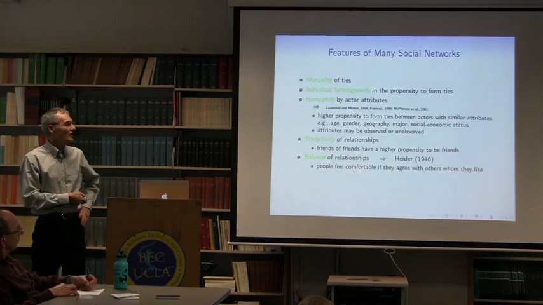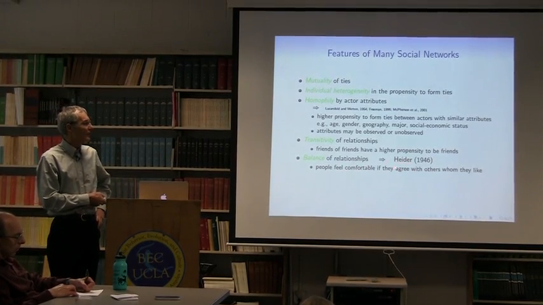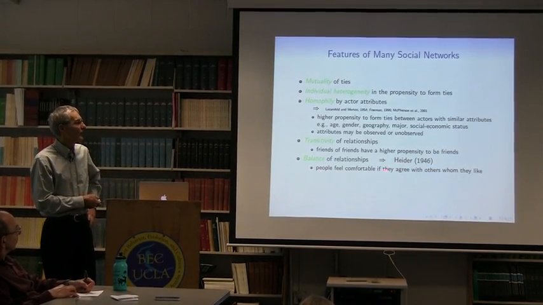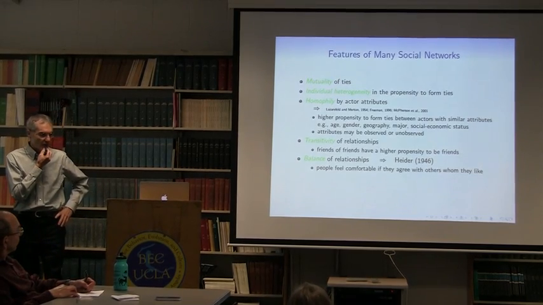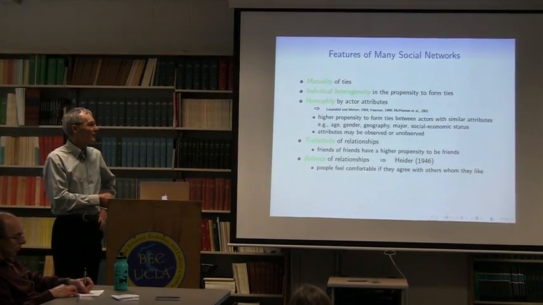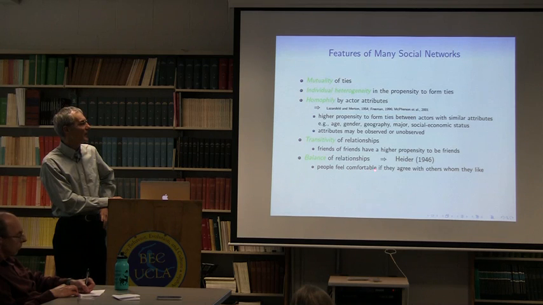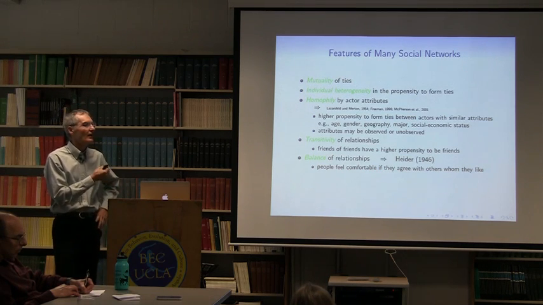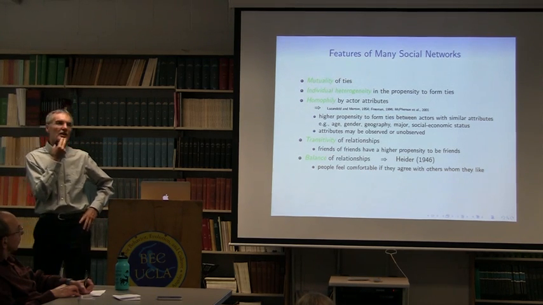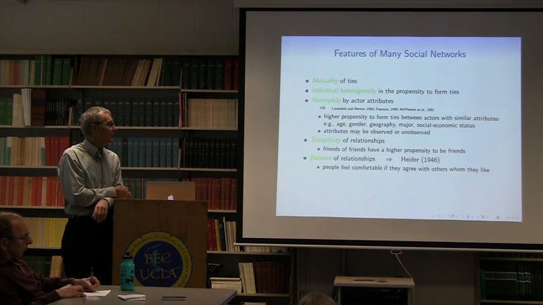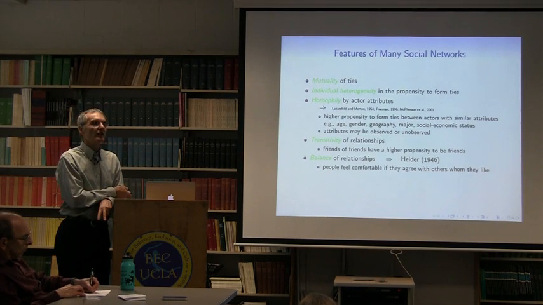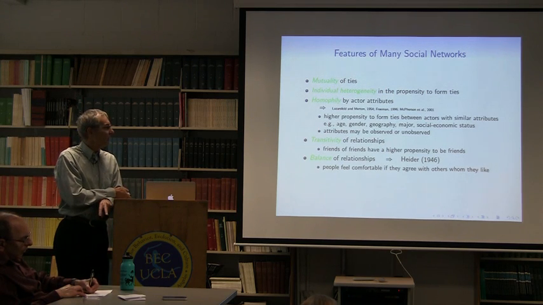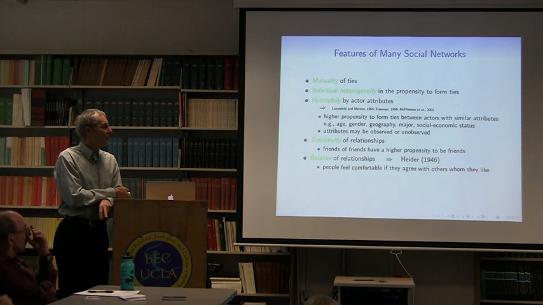And the next one, it's also transitive, but getting a little more subtle, if you will, is the idea of balance of relationships. And this is a psychological idea going back to Heider, and there's a lot of nuance involved in it, but one of the simple ways to think about the concept is people feel comfortable if they agree with others whom they like. So if you're having positive affect relationships, looking within triads of individuals, you'll get balance of opinions within those 3 individuals involved, and the friendship relationships will try to be consistent with those.